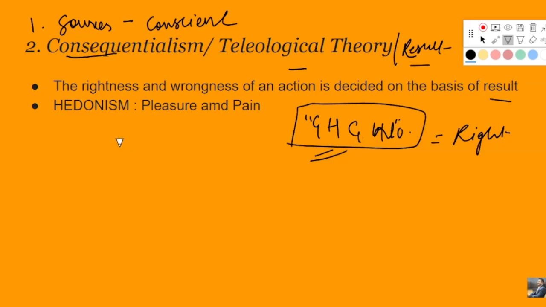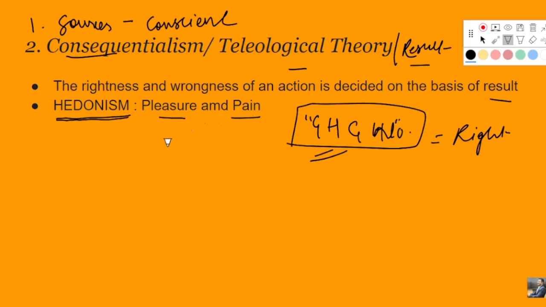So the basic principle behind consequentialism is hedonism, right? What is the idea of hedonism? The idea of hedonism basically says that the justice of an action, or the just action, is decided on the basis of pleasure and pain, right?